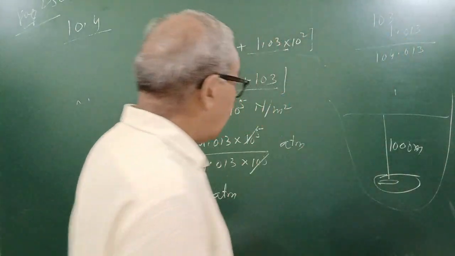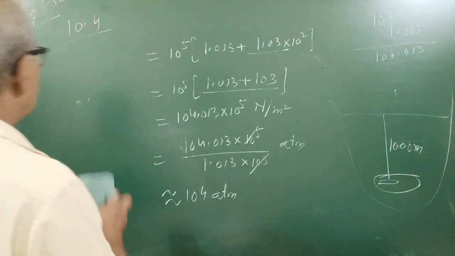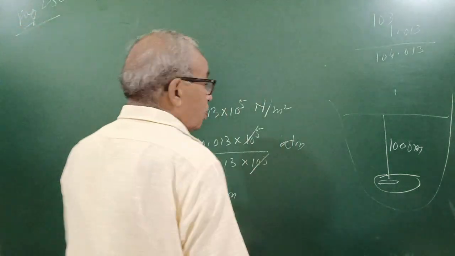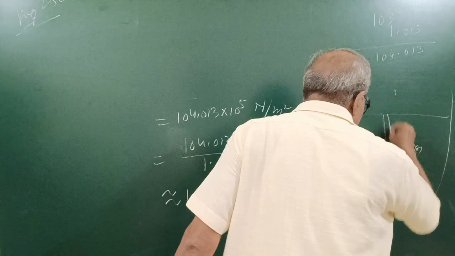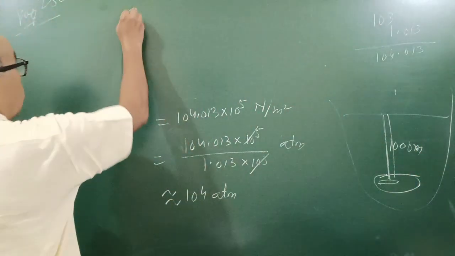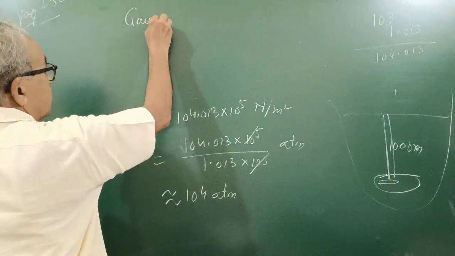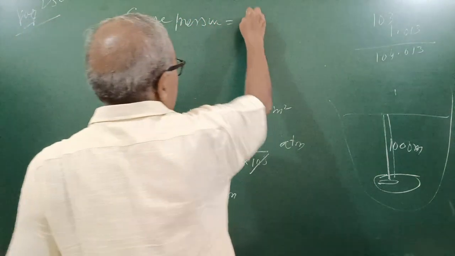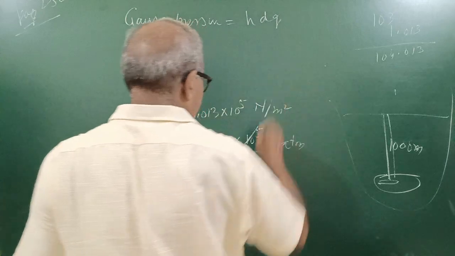Now you are asked what is gauge pressure? Be familiar with these terms. Gauge pressure means only the pressure of the liquid column. So here gauge pressure equals hρg only, which we have determined here. How much?